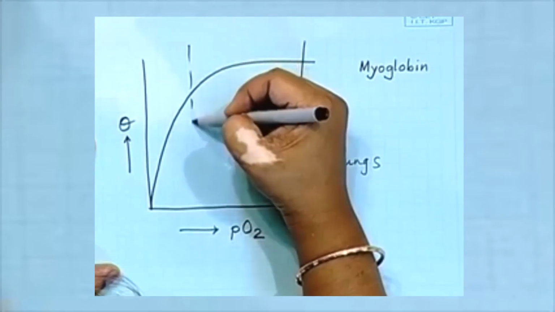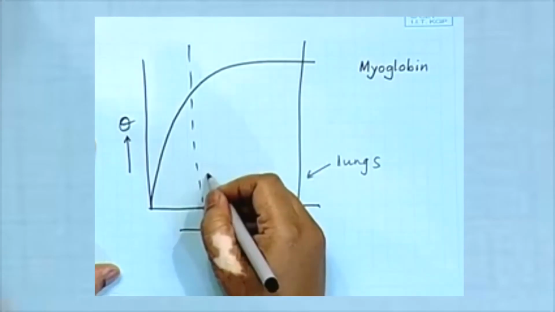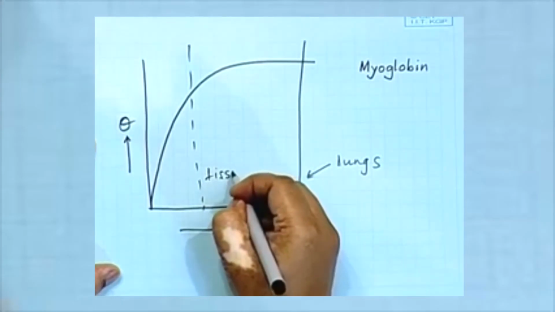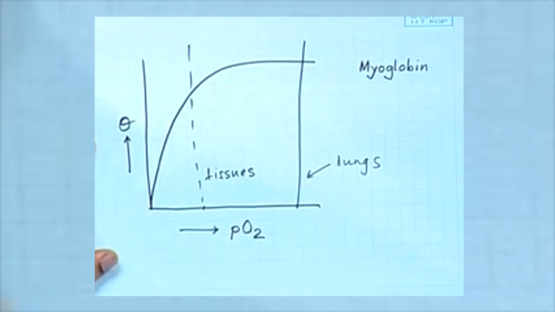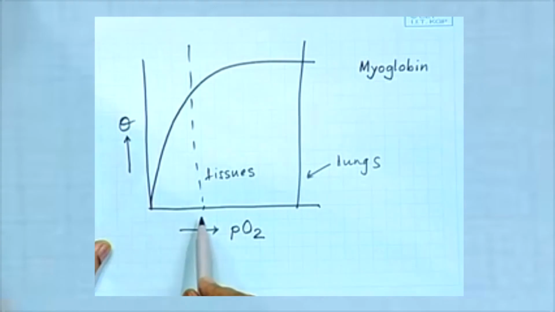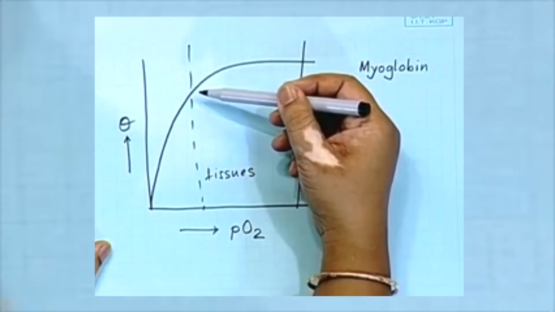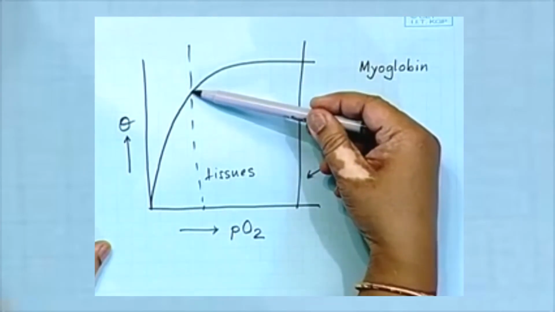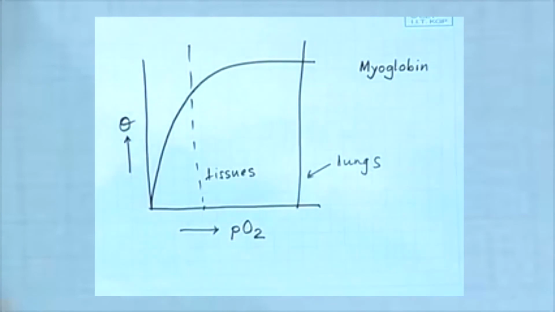This is the situation in tissues. So what can we say? We can say that even when the partial pressure is low, myoglobin will not easily dissociate the oxygen from the heme. Is that clear?